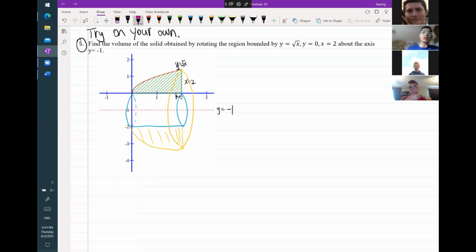And I'm going to try to find the volume using the method that we saw before. So we're going to slice this shape using vertical slices. If we take one slice out of it, we end up with this, that's one slice.